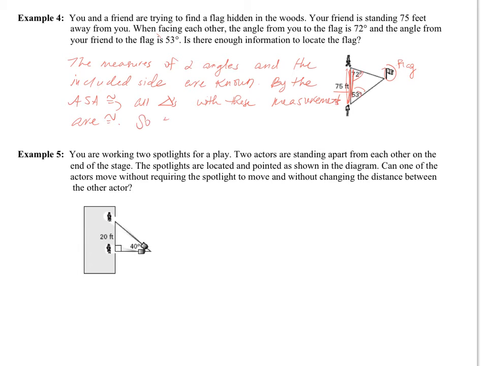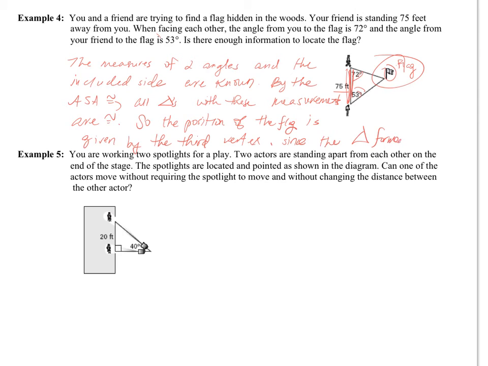So we can say the position of the flag is given by the third vertex, which is this one, since the triangle formed is unique.